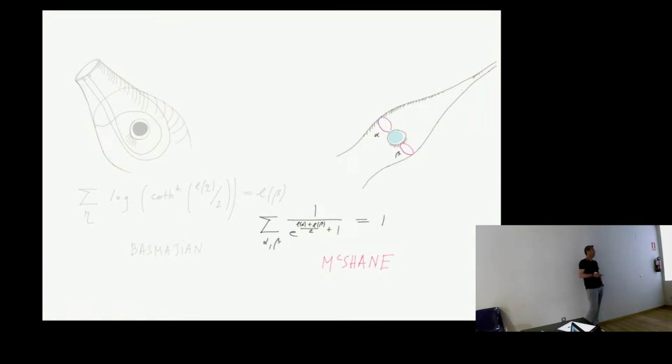And in the general form, if you have a surface here that has a cusp that goes out here, the identity becomes slightly more complicated when you're no longer in a torus. What you look at this time is embedded pairs of pants, not immersed, but embedded pairs of pants.